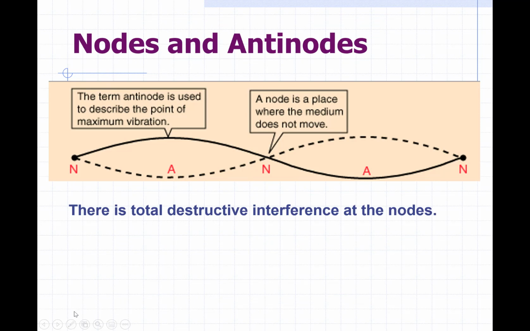The locations where we get destructive interference, where the medium does not move, are called nodes. There's always going to be a node if your medium cannot move at that particular location. So nodes can form because of the interference, or if you just hold on to your guitar string, for example, you're going to get a node at that point.